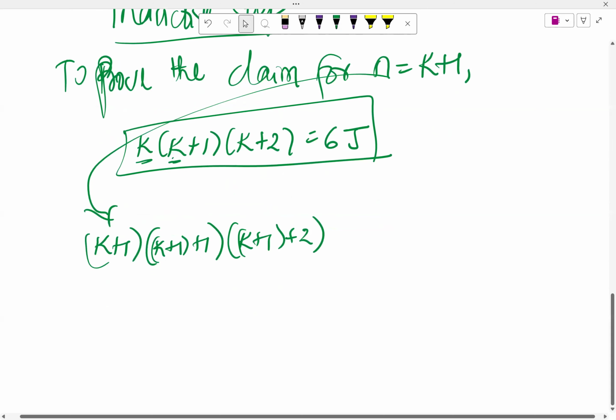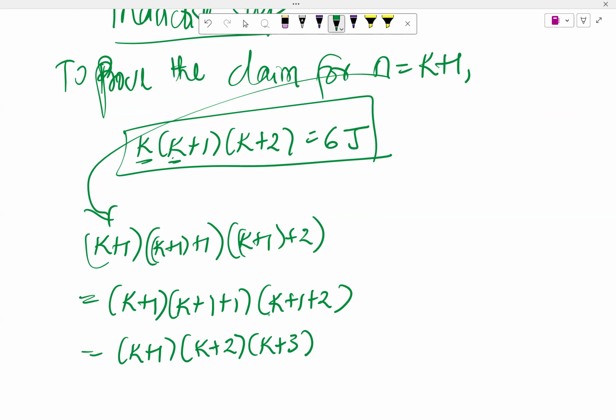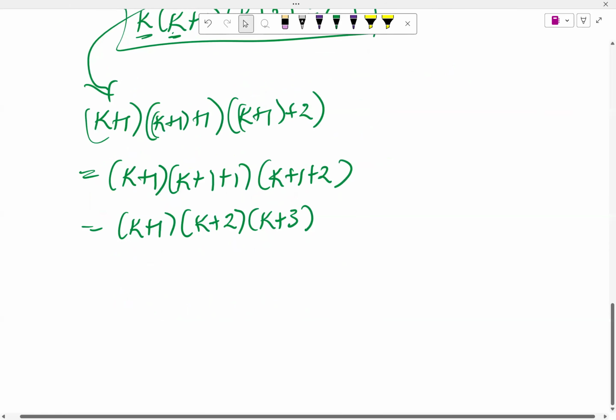And that means we have this to be equal to k plus 1 into k plus 1 plus 1 into k plus 1 plus 2, which is simply the same thing as k plus 1 into k plus 2 into k plus 3.